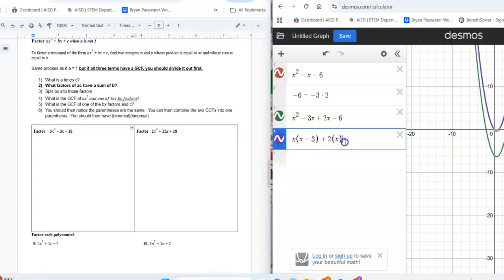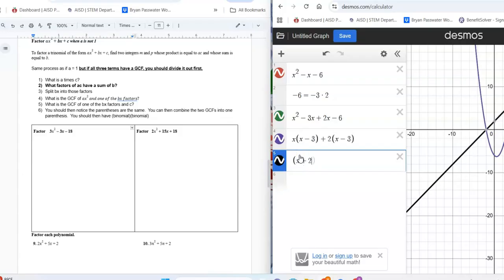Why do I keep writing 18? And that becomes -3. And look what we get. Notice that the two parentheses are the same. So now I get to combine my greatest common factors, and then I get that. So the last steps are the same stuff you've been taught.